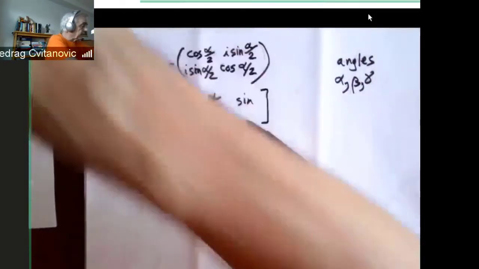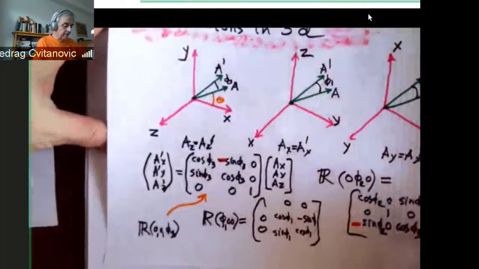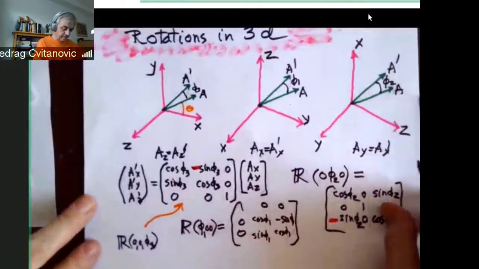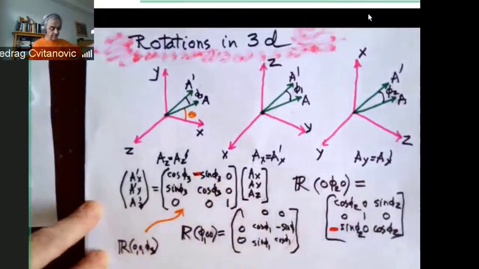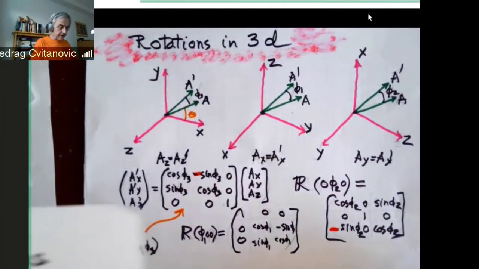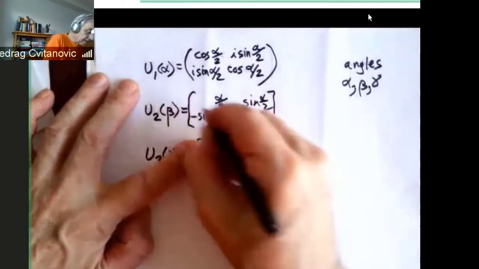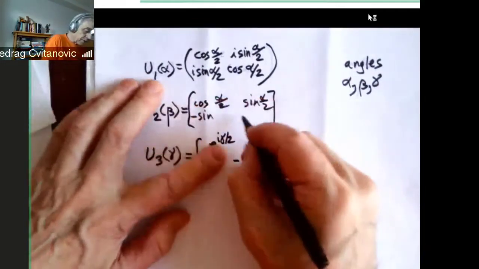just like we did before, if you remember. In 3 dimensions, we defined the 3 rotations, and they were acting on 3-dimensional real vectors. Here you define 3 rotations, and they're acting on 2-dimensional complex things.